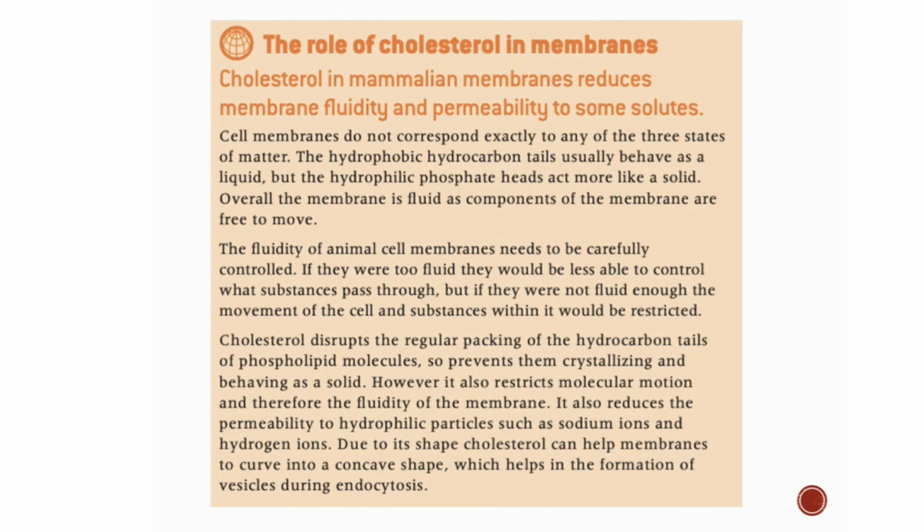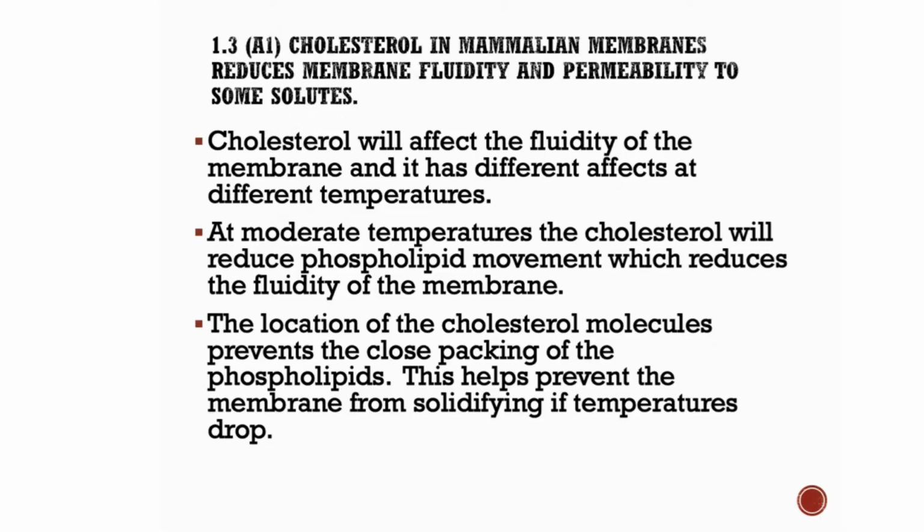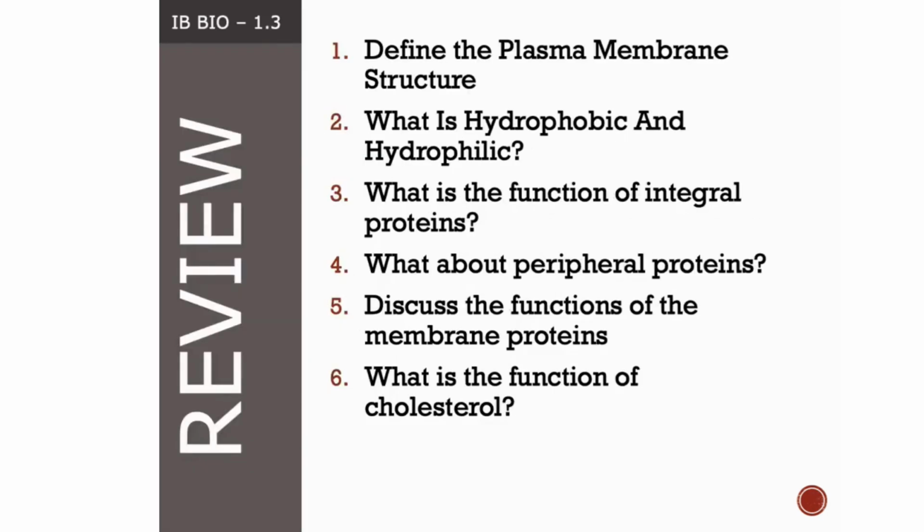Cholesterol affects the fluidity of the membrane, and it has different effects at different temperatures. The location of the cholesterol molecules prevents the close packing of the phospholipids, and this helps prevent the membrane from solidifying if the temperature drops.